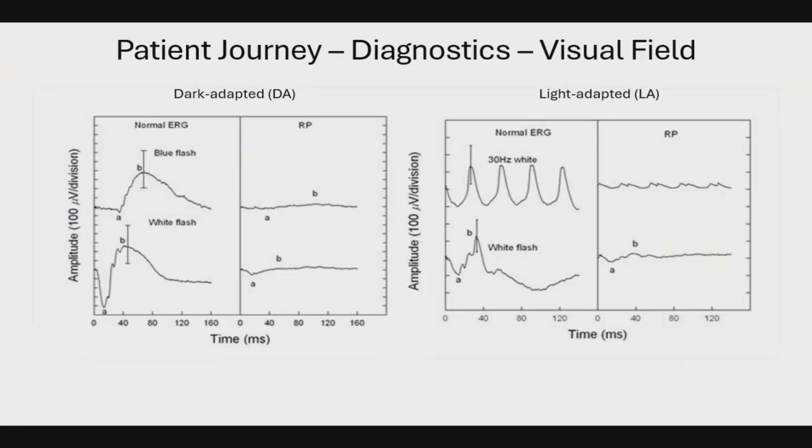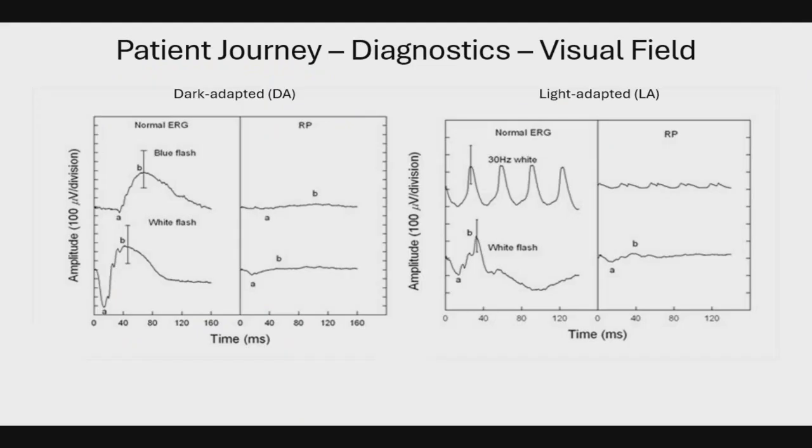This is also not always done, to use a blue flash, but it can be done for certain purposes. And you see here in the second column of the left box, in RP, the signals are more or less gone, the A and B wave, especially the B wave is almost gone, with both types of flashes.